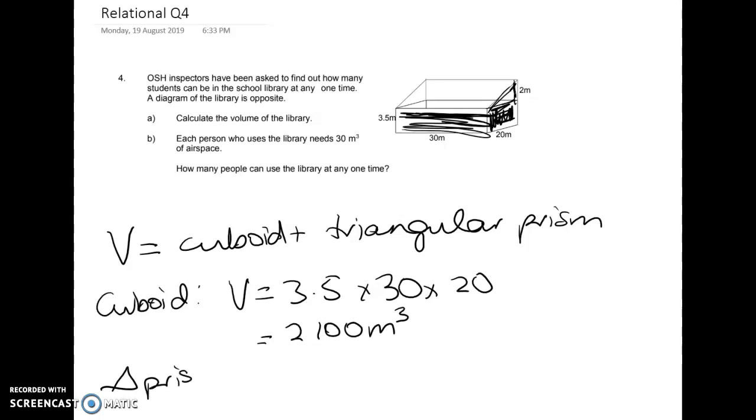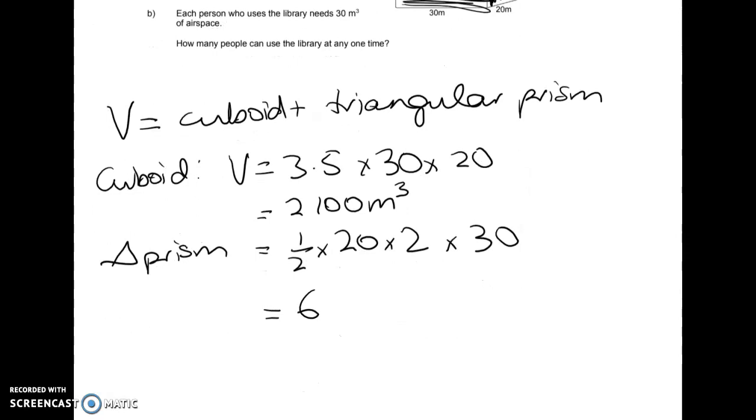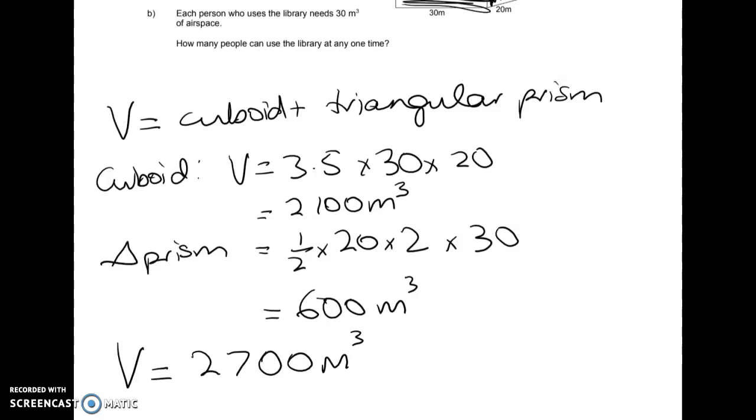Triangular prism is equal to half the base, 20 times the height, 2 times the depth. So that gives me 600 meters cubed. So the total volume is going to equal those two added together, which gives me 2,700 meters cubed.